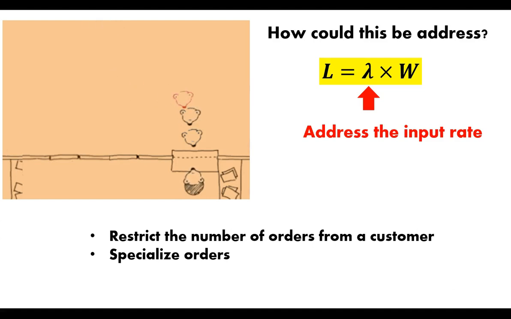Maybe we're taking too many orders that don't necessarily meet our specialty. Maybe there are things we could address to keep the process a little more streamlined. Are we doing too much? Are we trying to handle things that aren't really in our bailiwick, in our wheelhouse? In other words, we're just trying to restrict the number of orders coming in from the customer.